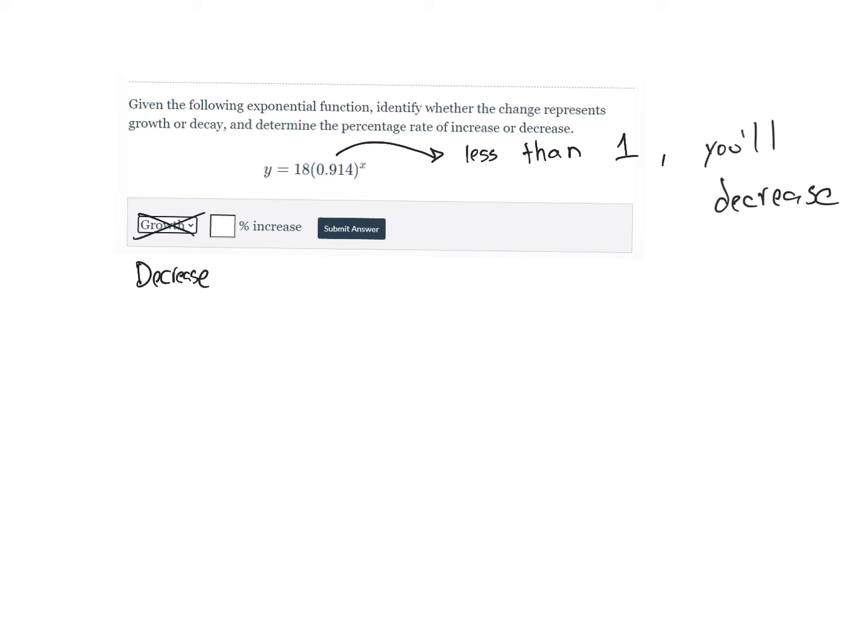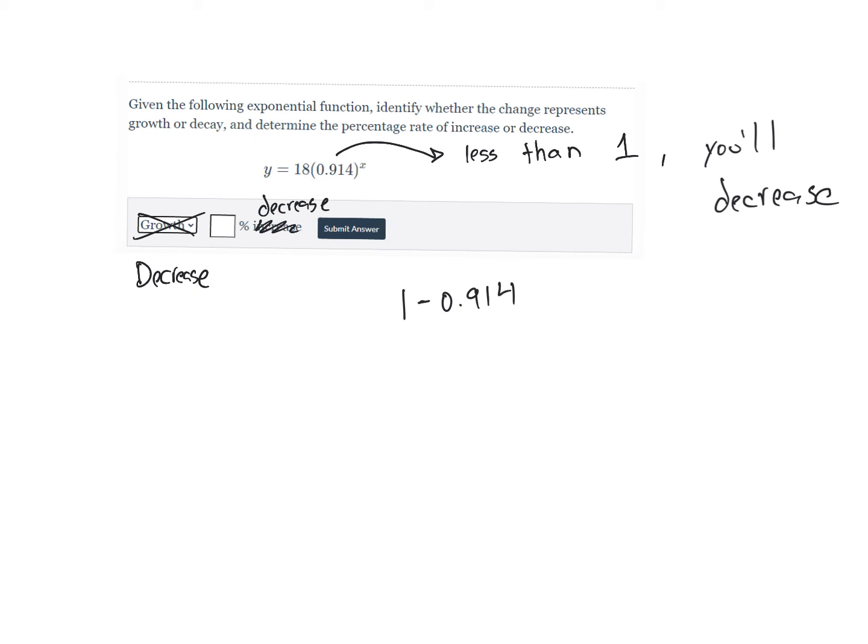And what percent does it decrease by? What percent? So change that to decrease. How much is disappearing every x, every hour, or whatever this x is? 1 minus 0.914, you know?